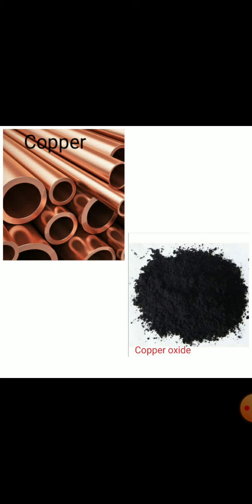So again, it is the same as the general equation. Metal, which is copper, plus oxygen, gives metal oxide. Here the name of the oxide will be copper oxide because copper is combined with oxygen and it forms copper oxide.